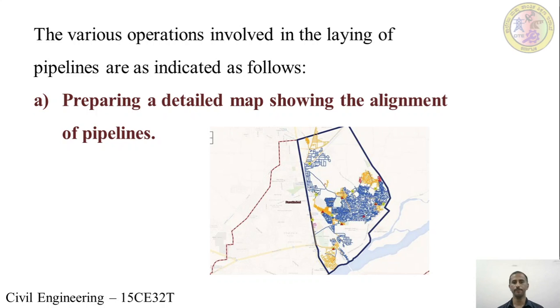This detailed map also consists of already existing water supply line, sewer line, underground electric lines, telephone lines, etc. By studying this detailed map, it is possible to not disturb the existing pipelines while constructing, laying, and completing the proposed pipeline.